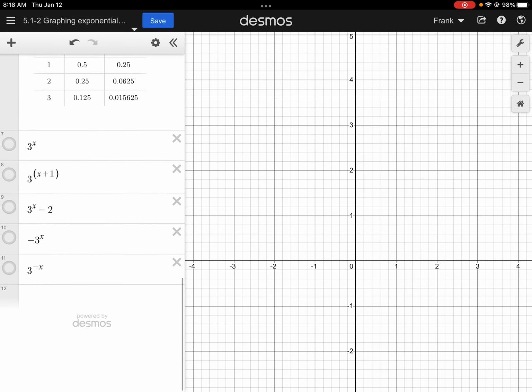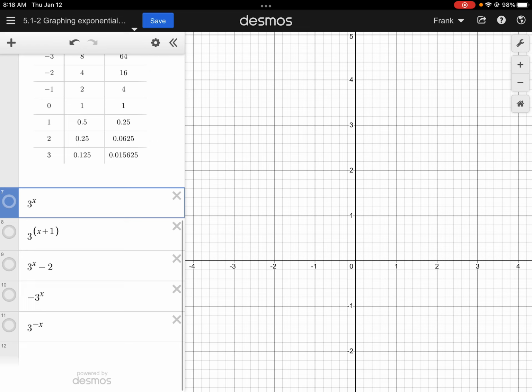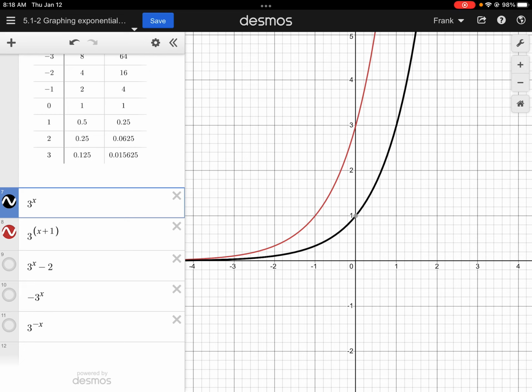Okay, let's just jump down and let's look at a couple of transformations. So we're going to look at transformations of 3 to the power of x. So this is our original function. You can think of this as our parent function, 3 to the power of x. What happens when we add 1 in the exponent? Okay, you can see that this function moves 1 to the left.